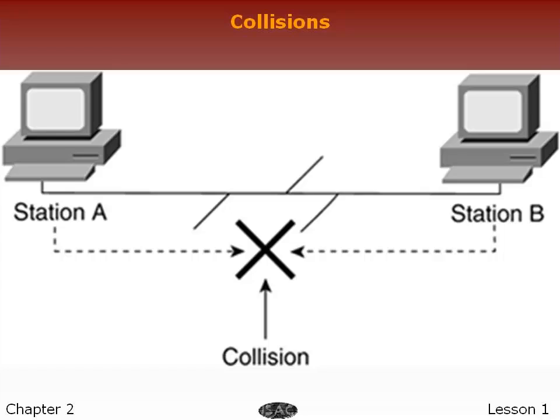Breaking up or segmenting the network is the common way of reducing this network contention. Network segmentation occurs when a network is divided into different pieces joined together logically with a bridge, switch, or a router. About these devices, we will talk a little bit later.